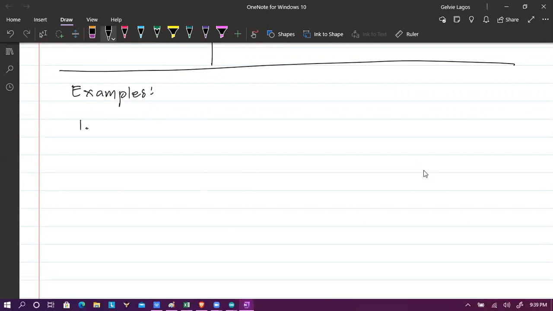Let's start with our first example. Let's say we have the Laplace transform of 5 and 2 derivative of the function as 8 derivative of the function minus 1. So we will be solving the Laplace transform of this function.